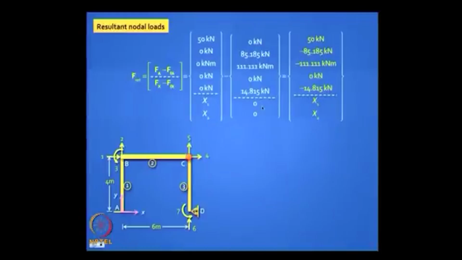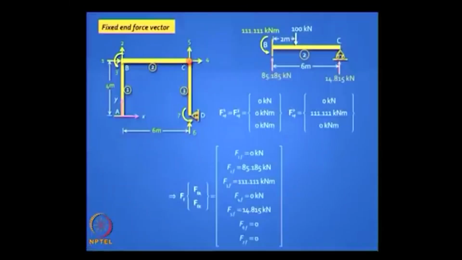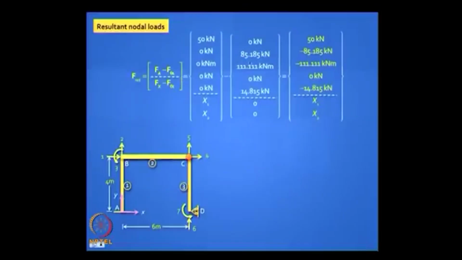This is my fixed end force vector which I compute by inspection. By inspection, if I go back here, I see that not only this will contribute to F3, and these two reactions will contribute to F2 and F5. Is it clear? That is how I get these two quantities here. Does it make sense?